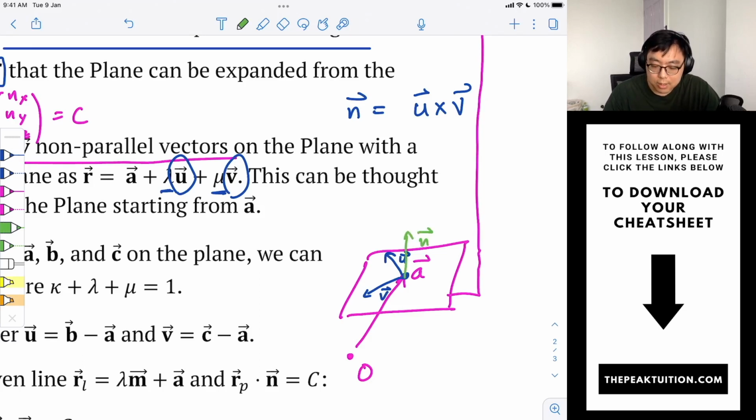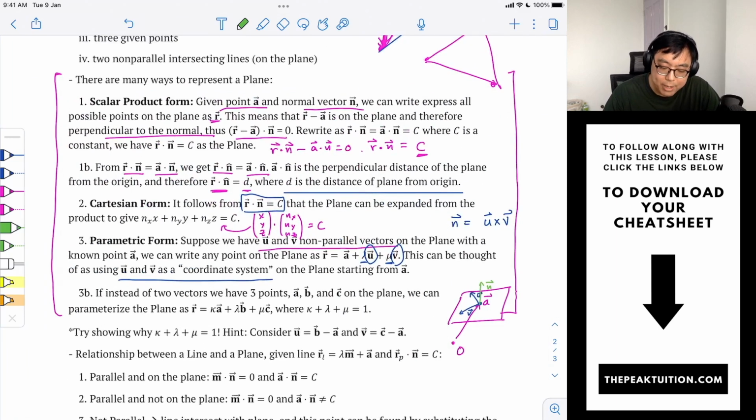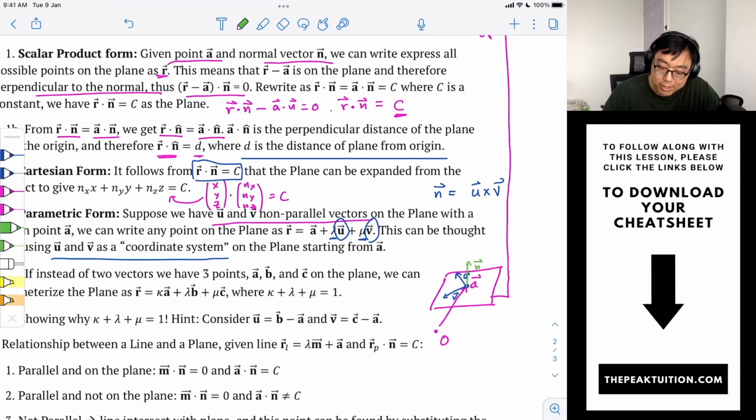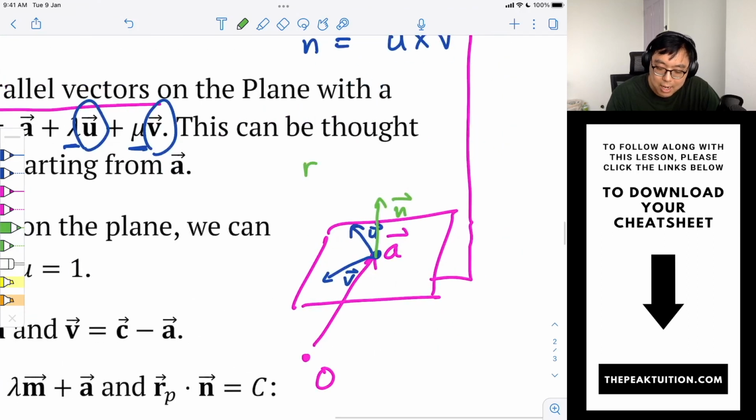So when we have two vectors, we can get from parametric form back to the scalar product form, because now we have an n, and we also have a point a, right? So we can write it as r minus a dot n equals 0, like this.